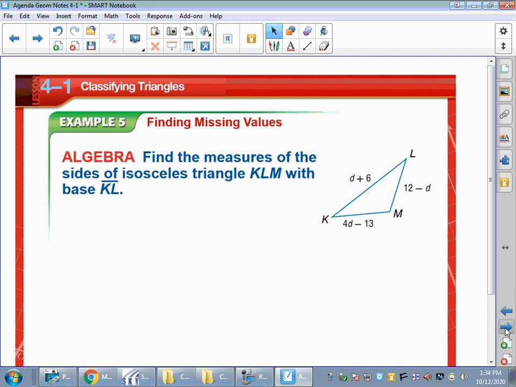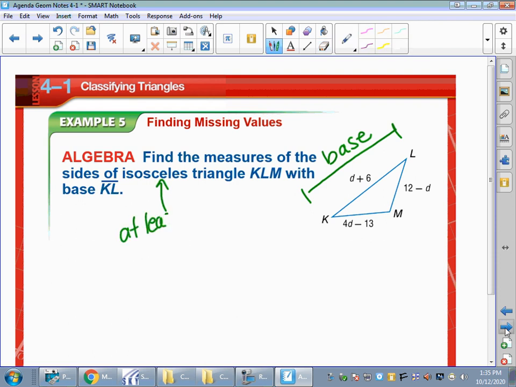Let's do a good old algebra problem. Find the measures of the sides of isosceles triangle KLM with base KL. So this side right here is the base. But what do you know about an isosceles triangle? At least 2 congruent sides, right?